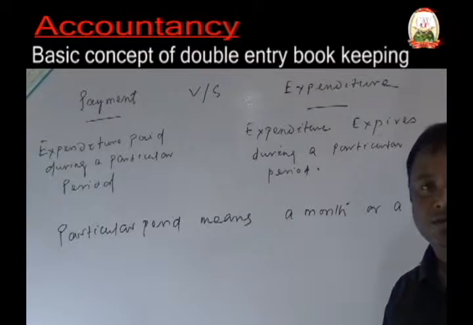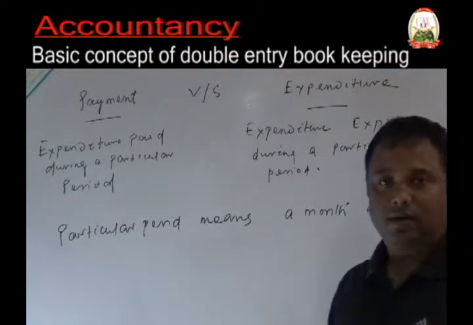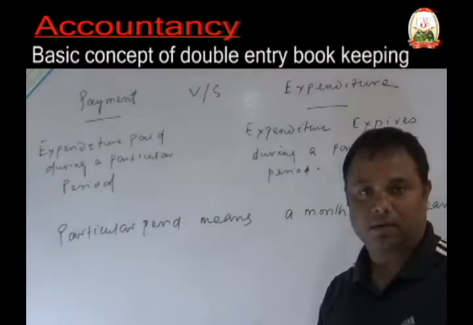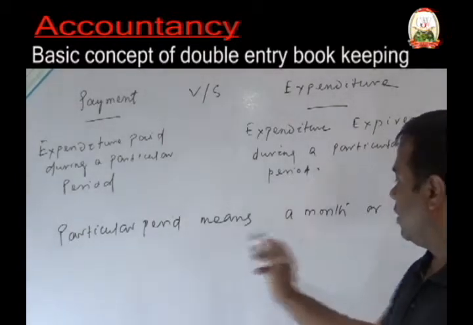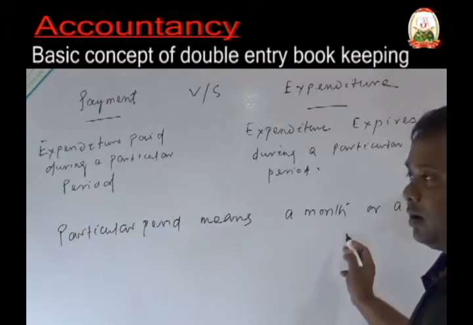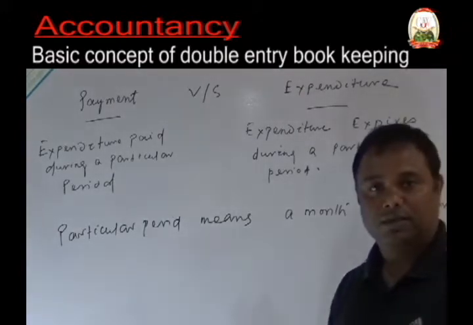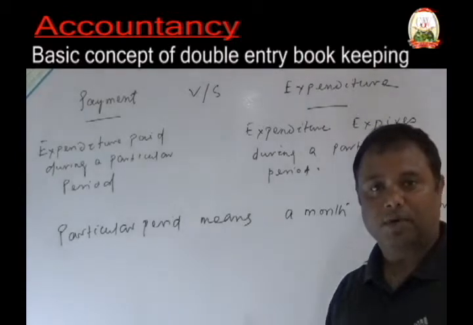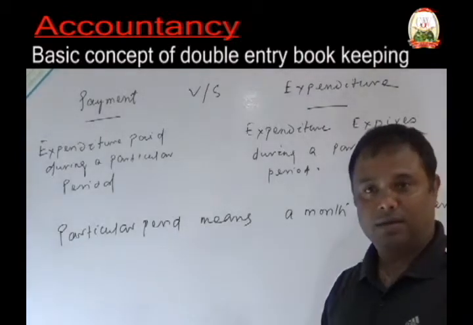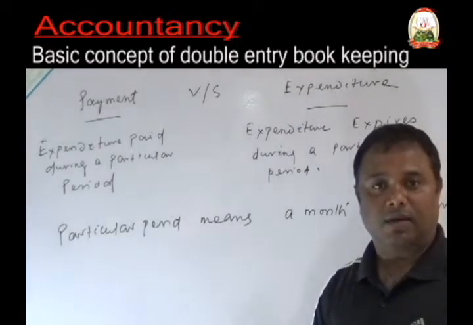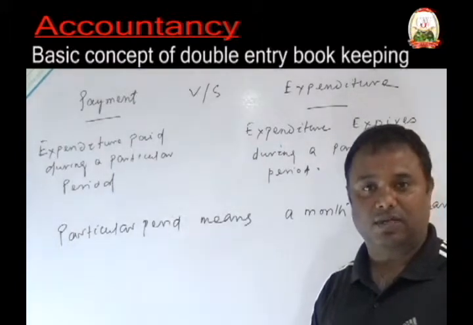While we discuss payment or expenditure, we have to take the period into consideration. The period means a month or a year. The month may be January, February, March, etc., or the year may be 2010, 11, 2012, 2013.